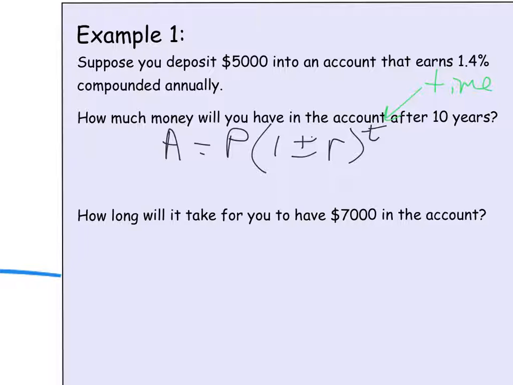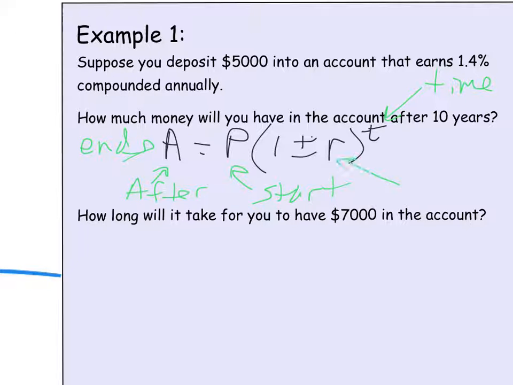A is the amount you're going to have in your account after 10 years. P is the amount in your account that you're going to start with. In other words, A could be your end amount.